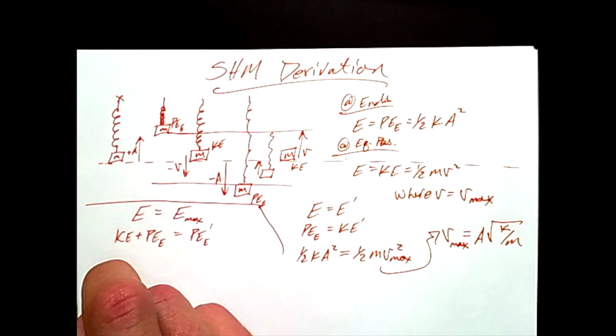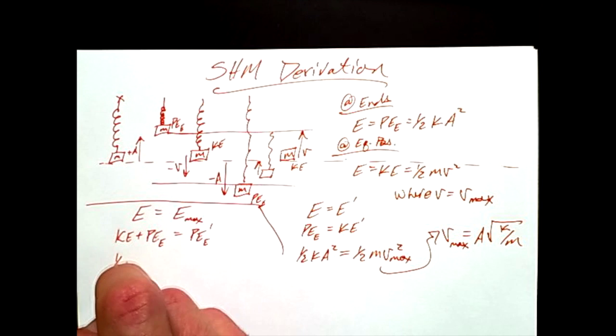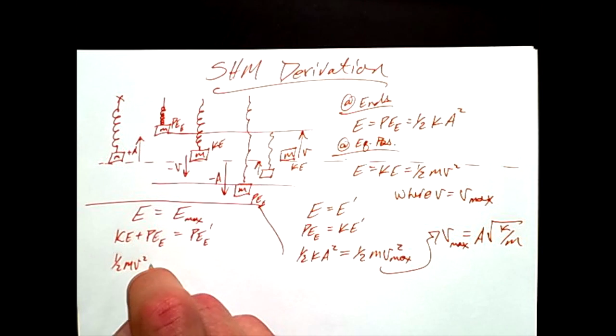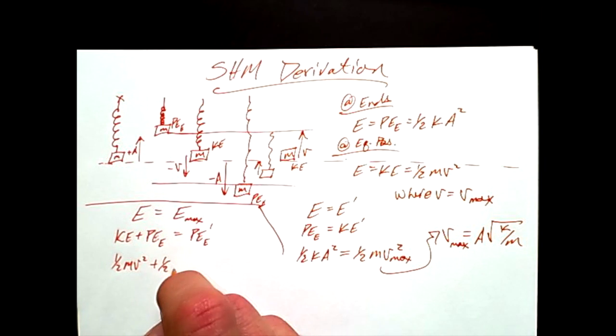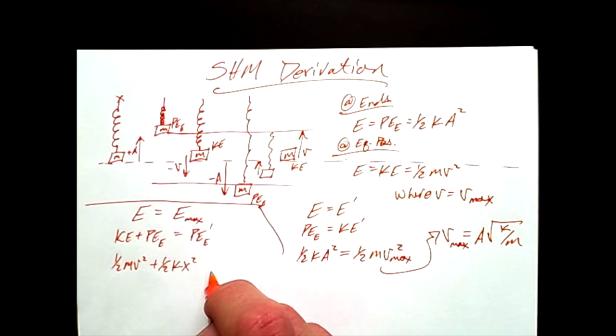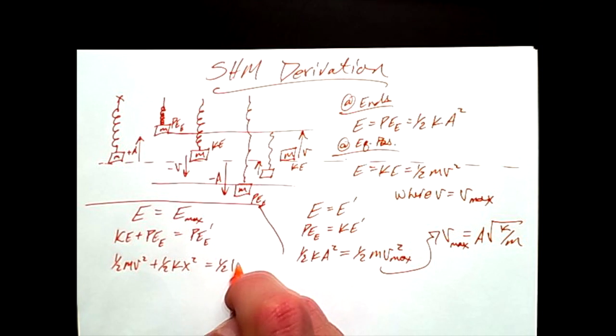And so what we have is 1/2 mv squared plus 1/2 kx squared equal to 1/2 kA squared at the maximum value.